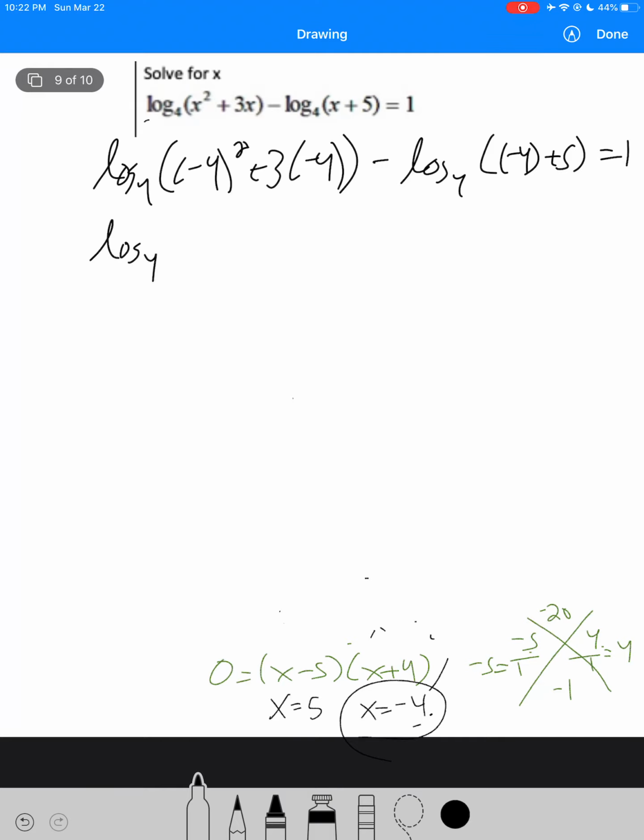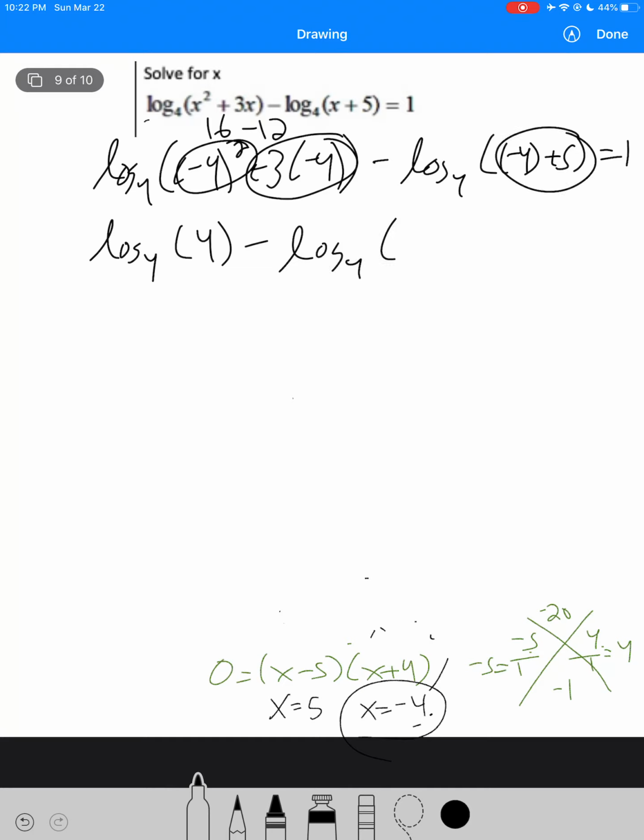This is going to be log base 4. That's going to be 16. That's going to be negative 12, so that's 4. This is 1. Log base 4 of 4 is 1 because 4 to the power 1 is 4. Log base 4 of 1 is 0 because 4 to the power 0 is 1.